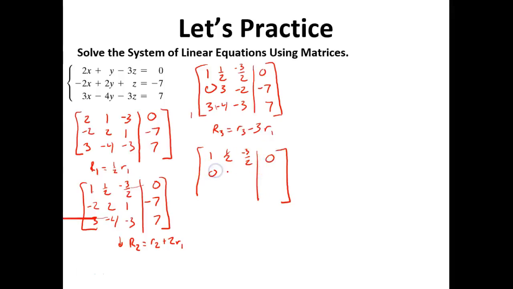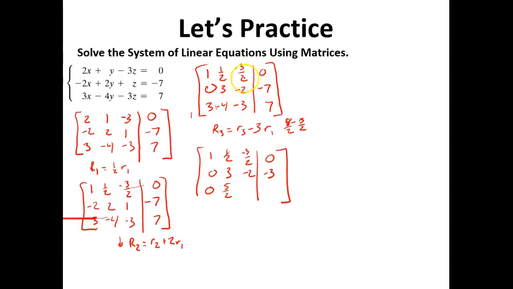Second row not changing. I'm only changing the third row. The last row, I'm taking this minus 3 of this is going to be 0. -4 minus 3 times a half, or 3 halves. If I have 4 minus 3 halves, that is like 8 halves, so we're going to get 5 halves.